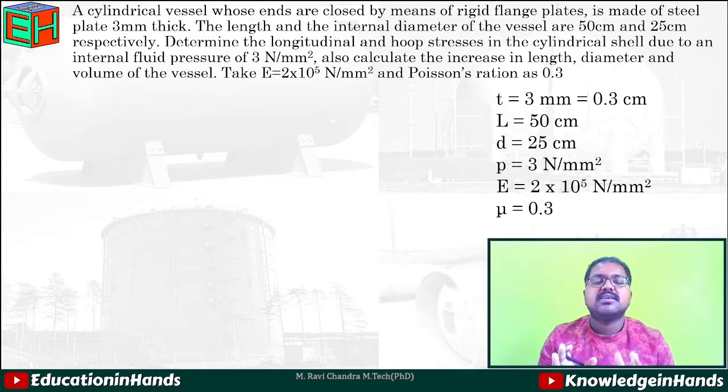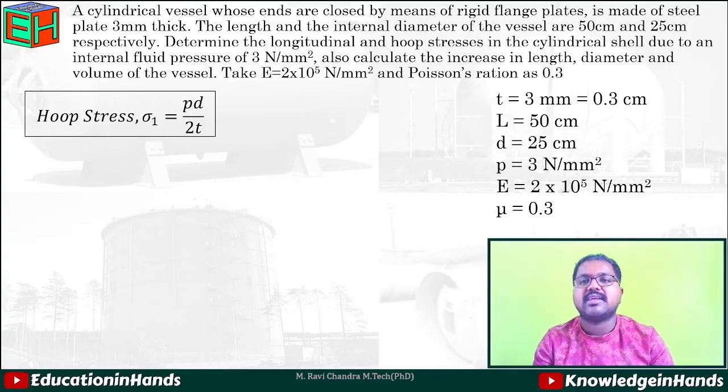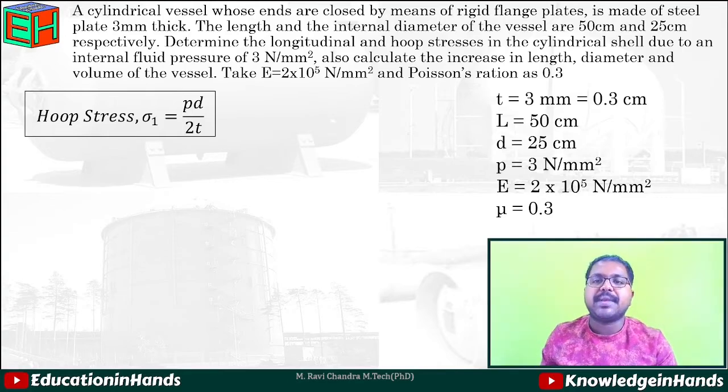So first we need to find the longitudinal and hoop stresses. For hoop stress, we know the formula which was derived in our very first video, that is sigma 1 equal to PD by 2T. If we apply the values of P, D and T, we will get the value for sigma 1.